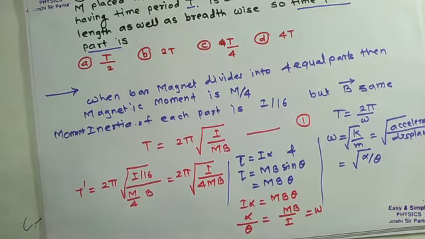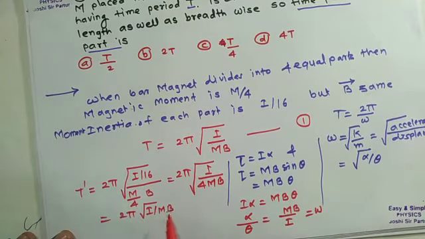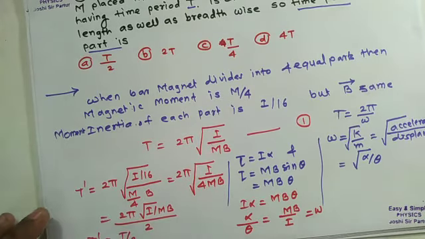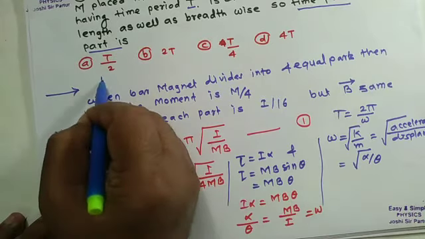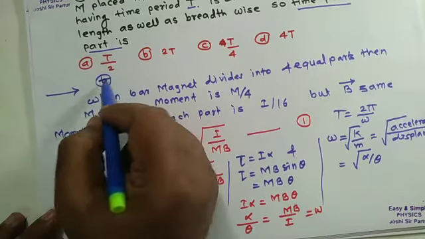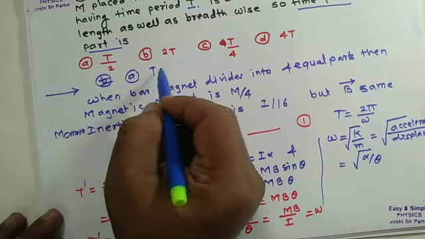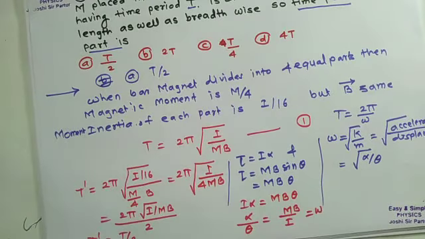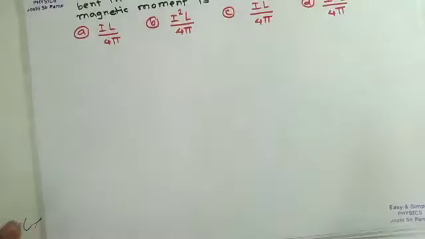Why? Because 4 is in the numerator and 4 upon 16 will be 4 MB, which will be written as twice pi square root of I upon MB, upon 2, so T dash equals T upon 2. So the answer will be A, T upon 2, for the given question.